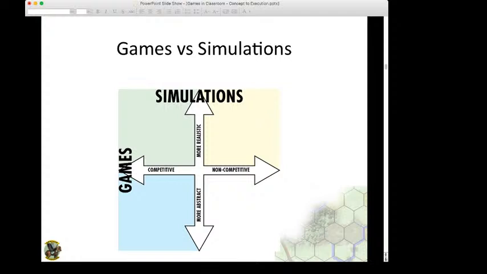Simulations are a measure of varying levels of abstraction, whereas games are varying levels of competitiveness. So you can have something that is very realistic and very competitive, and now you're in the simulation realm that includes gameplay. Or similarly, it can be very abstract, and you still have a game, but it's not necessarily a simulation of something.